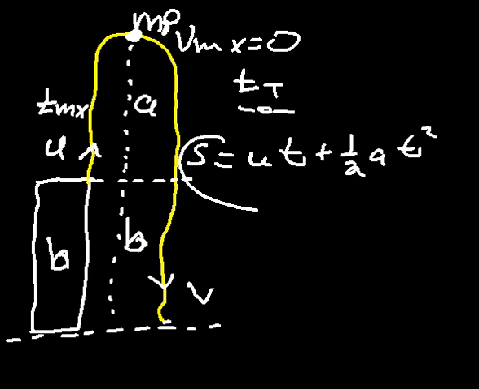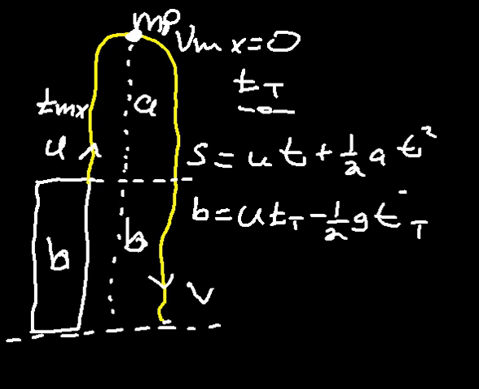Now expressing this in terms of the free fall motion, with s being the height of the building, as that's the displacement, we have it as b is equal to u, the initial velocity, times t total, minus half g t total squared. So that's the formula you have to use to get the t total for the whole entire journey.